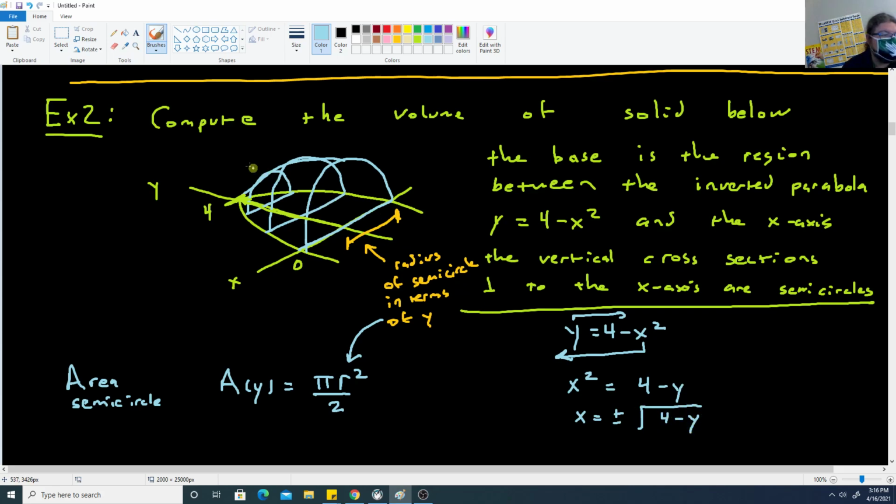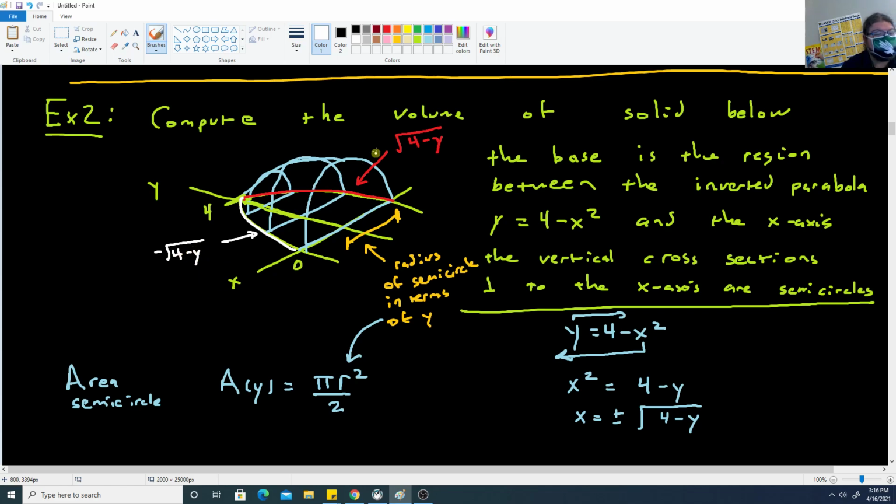What we get is basically this arc of the parabola from here down to here, and that equation will be the square root of 4 minus y. The arc on the other side of the parabola will be the negative square root of 4 minus y.